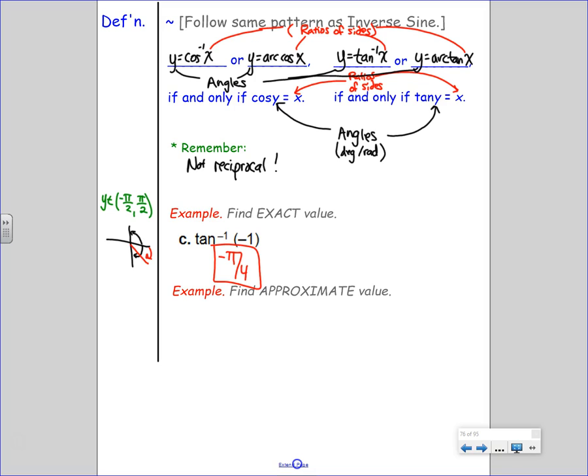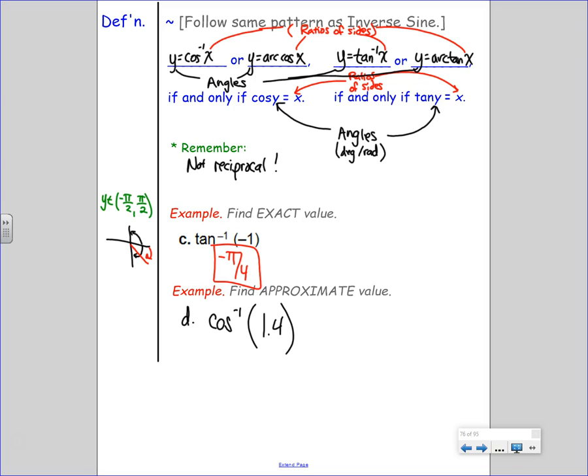So okay, what if I was to give you something like cosine inverse of 1.4. Have to use a calculator, right? That's not 1/2 or √3 over 2 or √2 over 2, 0 or 1. So how would you do it? Yeah, plug it in. Second cosine of 1.4.